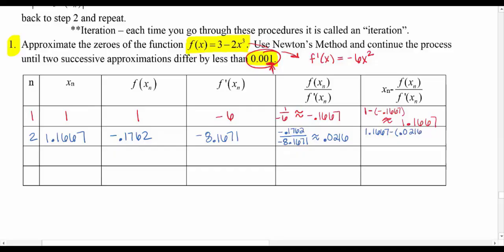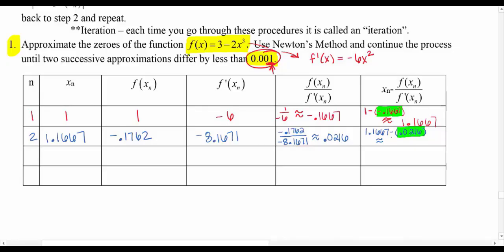And what you should be seeing is that you are getting closer every time. First I was off by negative 0.1667, or a little bit more than a tenth. Now I'm only off by 2/100ths. So I'm going to be getting closer and closer to what I think is this approximation.